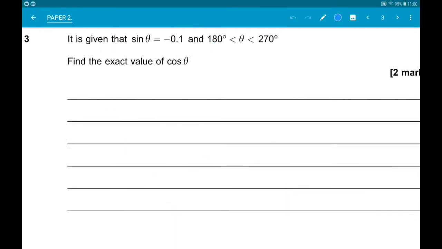Number 3. It is given that sine theta equals 0.1 and theta is between 180 and 270 degrees. Find the exact value of cos theta. Okay, so we need to transform sine into cos. To do that, we're going to use sine squared add cos squared equals 1. So from that we can get sine squared is 1 minus cos squared.